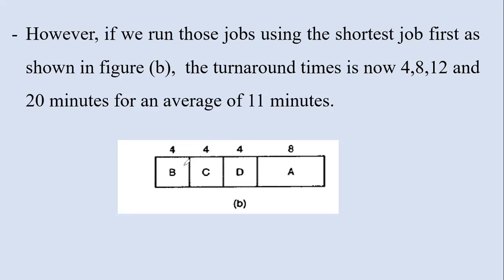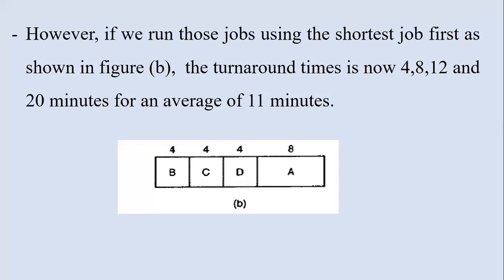So in this case, B will be attended to first, followed by C, followed by D, in as much as all of them have the same amount of processing time. And therefore, process A, because it is the largest, or the one which will take more time to be processed, is attended to after B, C, and D are over.